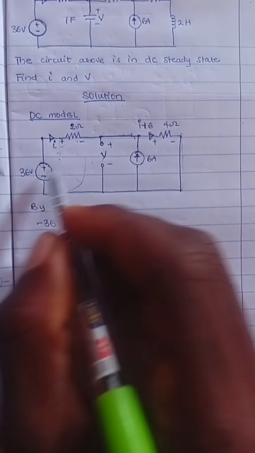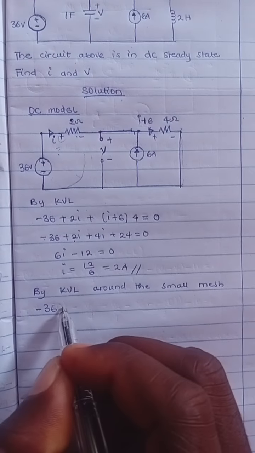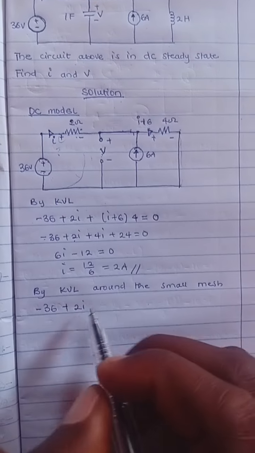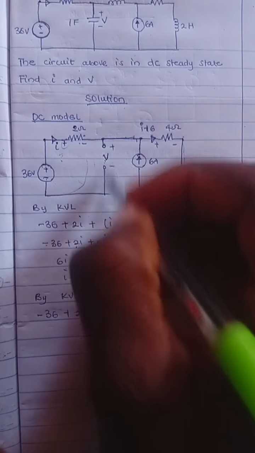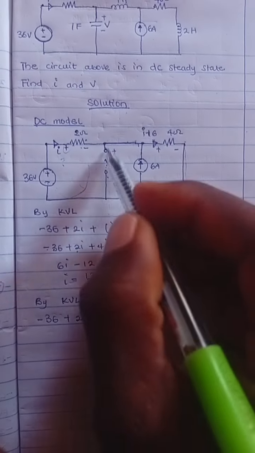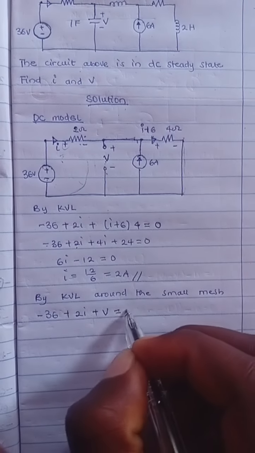Remember, we are just going like this. Minus 36, then plus 2I, that is 2 times this I. Then coming down here, you have plus V, because we don't know this voltage here. Let's say it's V, and everything equals 0.